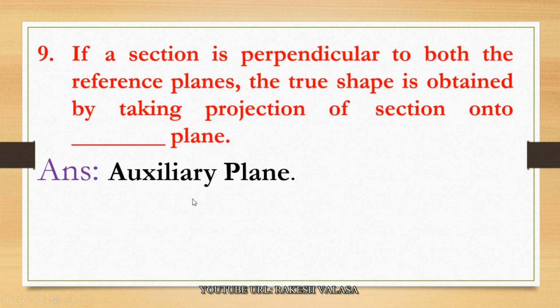This is the new reference plane. This plane is perpendicular to both the reference planes. We can also call it a profile plane. The true shape is obtained by taking the projection of the section onto the side view. So the answer is auxiliary plane.